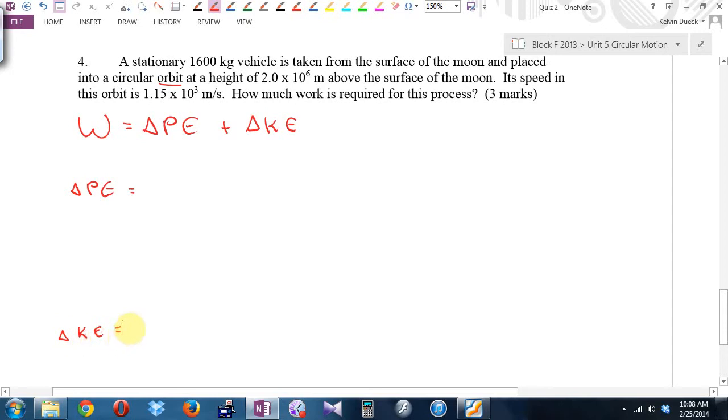The change in kinetic is just a half mv final squared, because we'll assume we're starting at rest. Change in potential is the same approach as question number 3, except we're around the moon. Use the mass of the moon, use the radius of the moon.